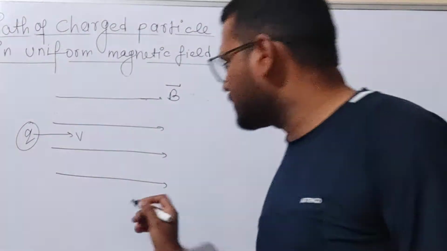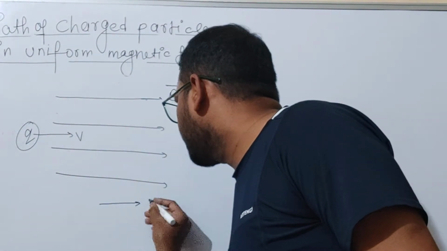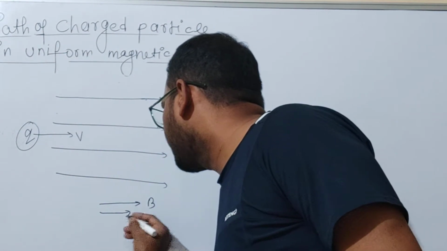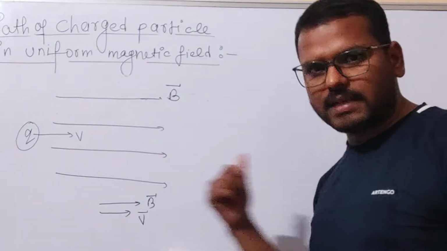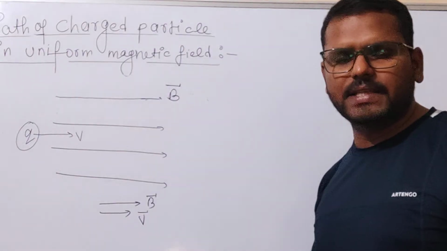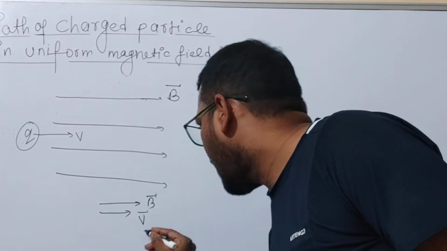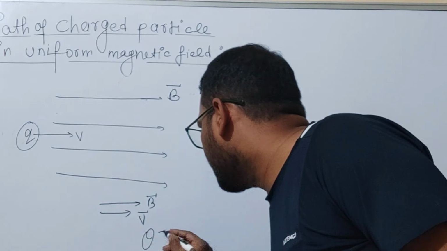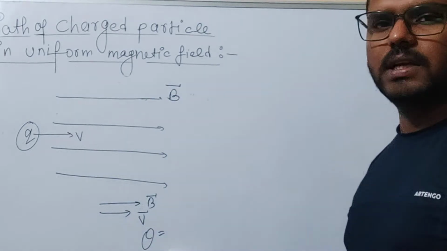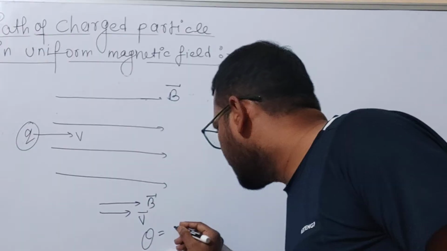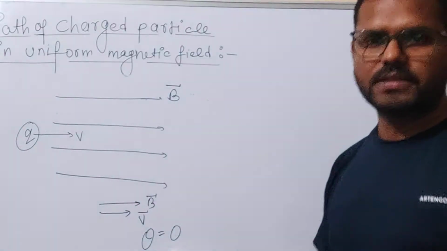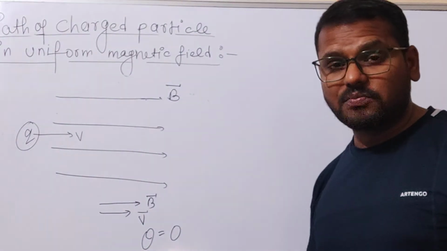The direction of the magnetic field and the direction of velocity are in the same direction, which means they are parallel. So the angle between these two quantities is 0.